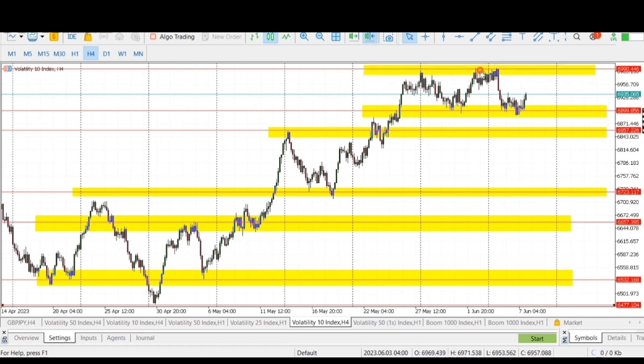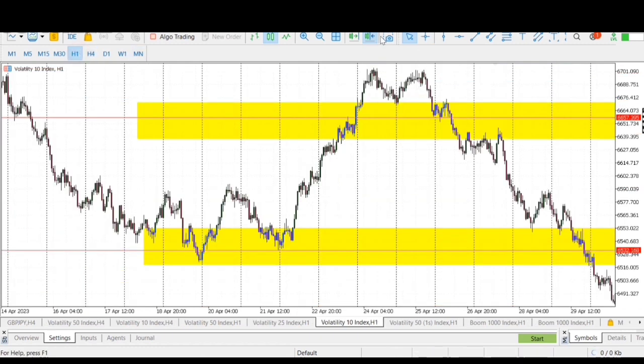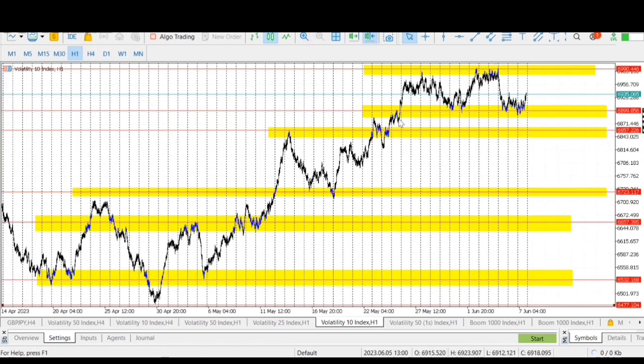So now that I have done my directional work on the bigger time frame, I shift to my structure time frame, which is the H1 time frame. Let me zoom out a bit so that I can see. Whatever price has to do, it has to move around these zones. As you can see right here, we had our resistance here, and price is still resisting up to this support.